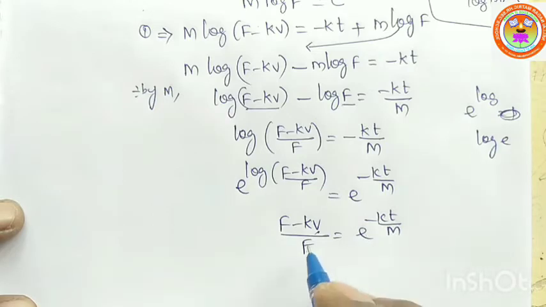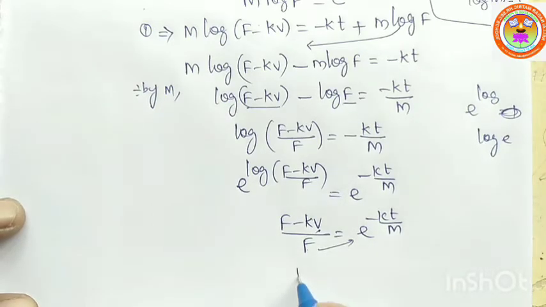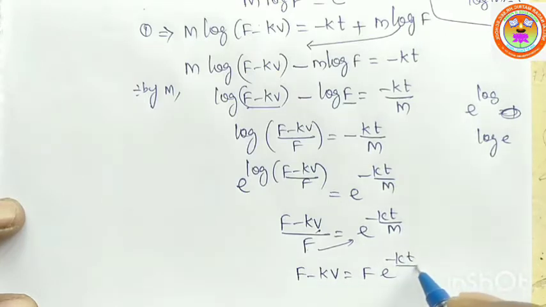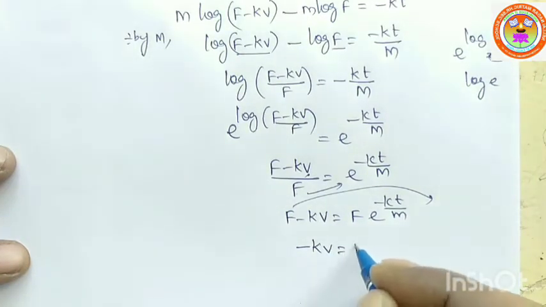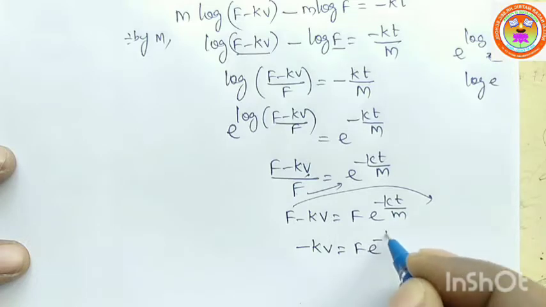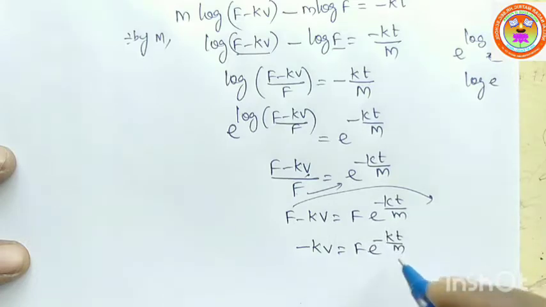When we are cross multiplying, f minus kv is equal to f into e power minus kt by m. Now bring this f into the right hand side. So we will get minus kv is equal to f into e power minus kt by m minus f.